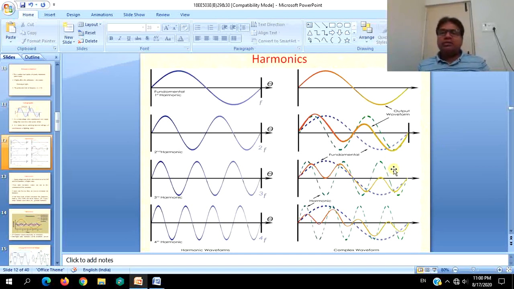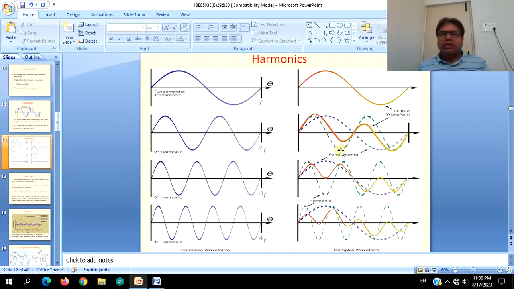In this region, these waveforms show the effect of harmonics on the output voltage waveform. The same fundamental is shown over here in this color. In this figure, the blue dotted line is your fundamental or supply voltage.